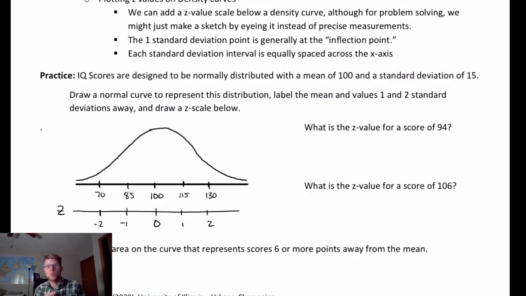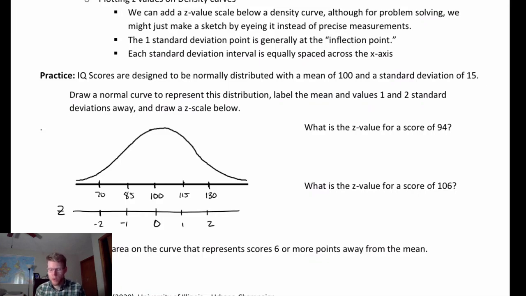So it doesn't matter what variable we're working with, it doesn't matter what the context is, we can always convert a normally distributed variable to a z-scale. We can standardize it, and then we can make comparisons between different distributions with different units, and we can use probabilities of the normal curve much more easily, as we'll see in the next section.